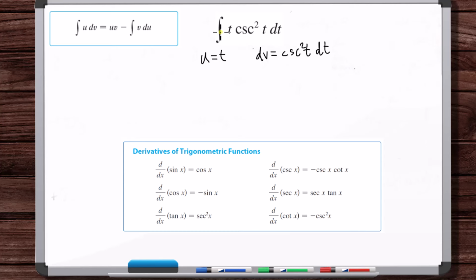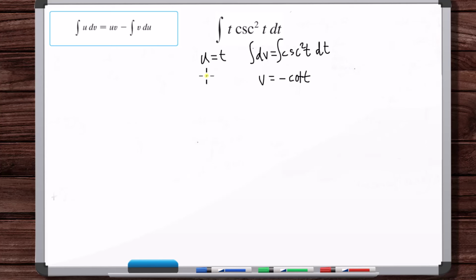You want to take the derivative of t, but you can also take its integral, no problem. When you take this integral, you get minus cotangent t. And then du/dt is equal to 1, so du is equal to dt.